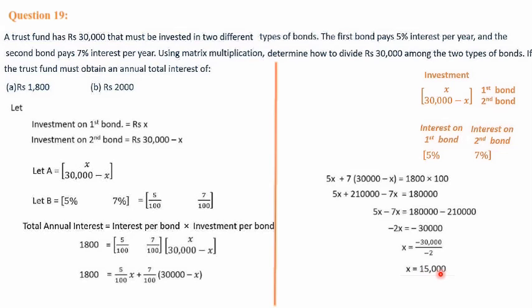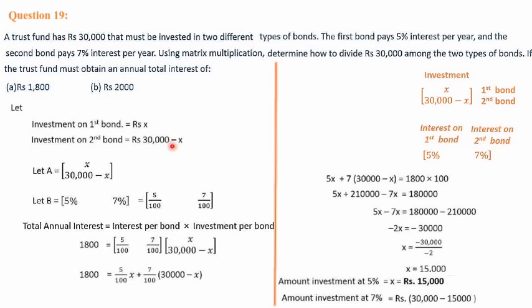So x is 15,000. So the first bond investment is rupees x, that is rupees 15,000, and the second bond investment, at 7%, is 30,000 minus x, that is 30,000 minus 15,000, which is equal to 15,000. So this is the way we have got the answers.